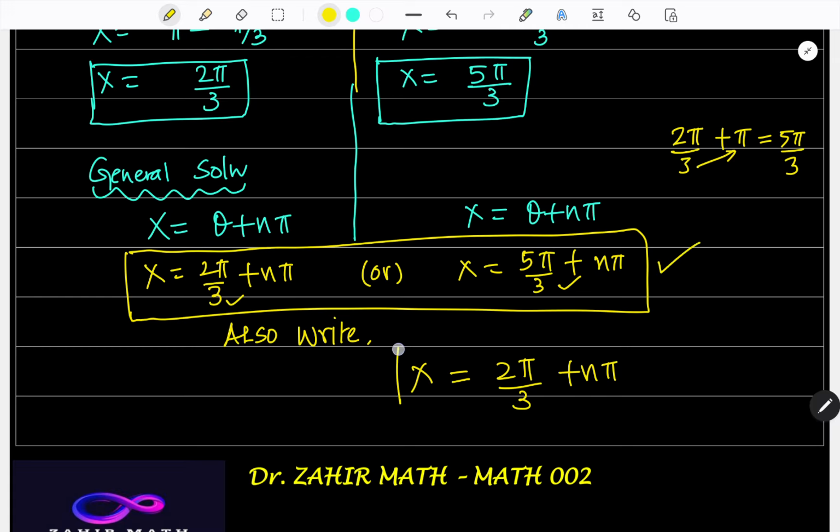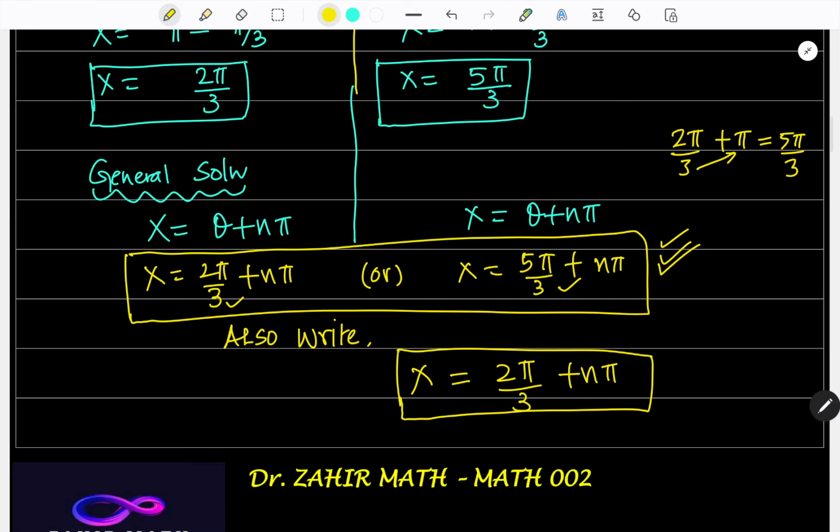This is also correct and this is also correct. If they differ by only 1 pi, we can write one answer. These are small techniques, but both ways are correct.